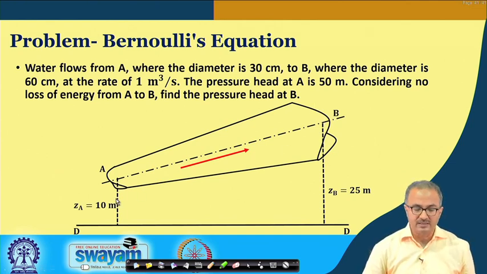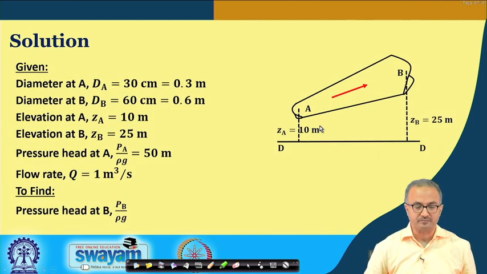And here we see the elevations of this particular axis are given from some datum. At the inlet it is 10 meter, at the outlet it is 25 meter. So, first we put all the data given in the problem, and we see the pressure head is nothing but the absolute pressure divided by the product of the density of the fluid and the acceleration due to gravity.